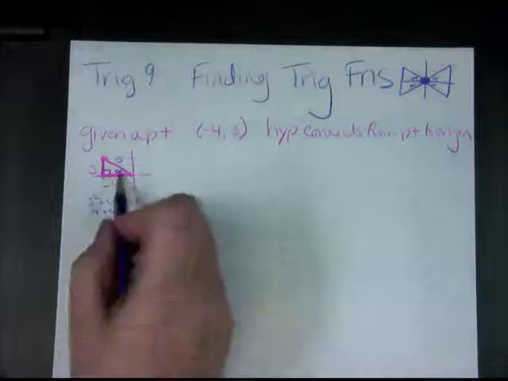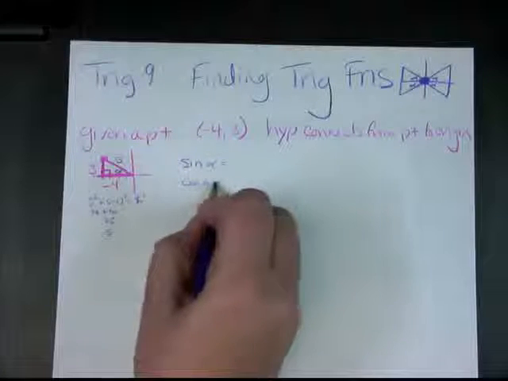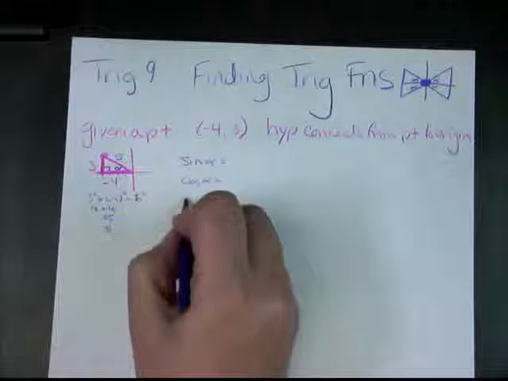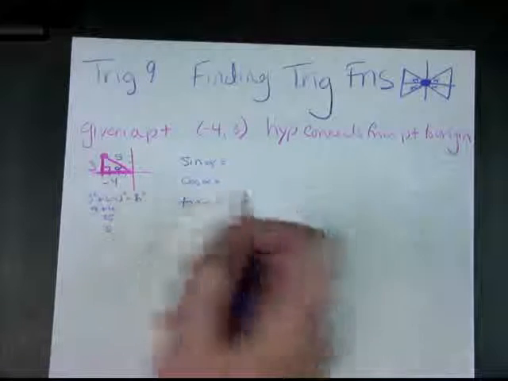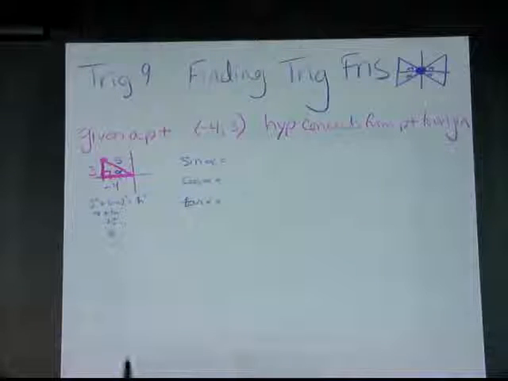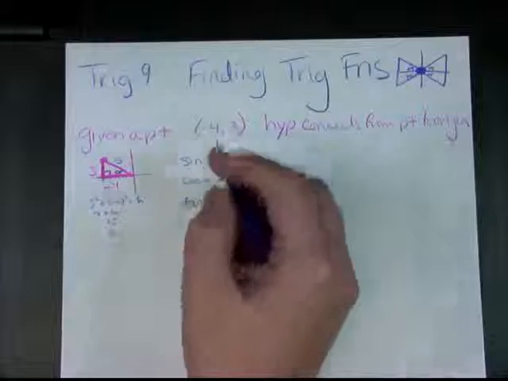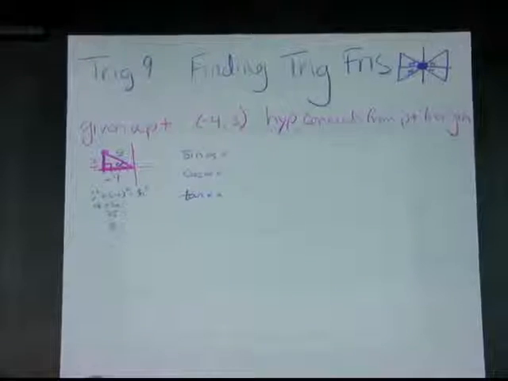Now I'm going to find my 6 trig functions from that x-axis and hypotenuse, using the information given to me. This is not on a unit circle, so I cannot use the whole "this is cosine, this is sine" idea. That does not apply here.